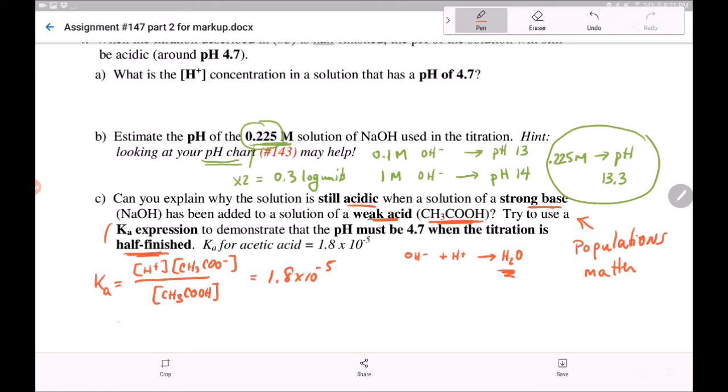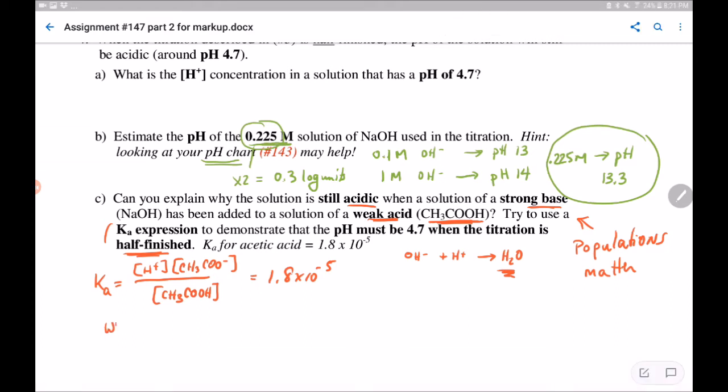So now, what do we mean when half finished? Half finished. That means half of the original CH3COOH molecules have become the conjugate base.